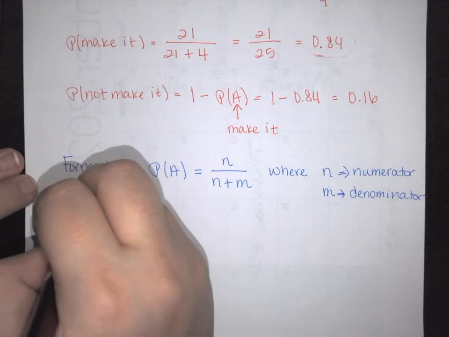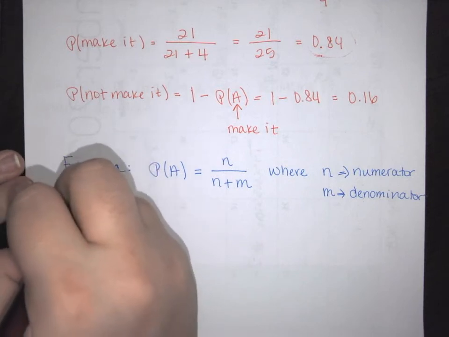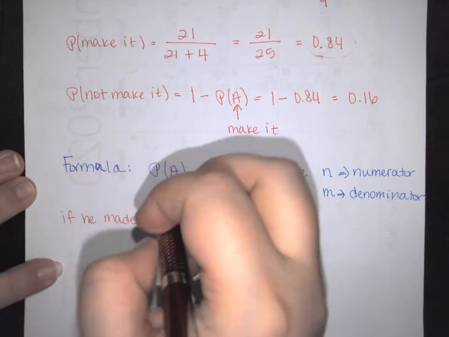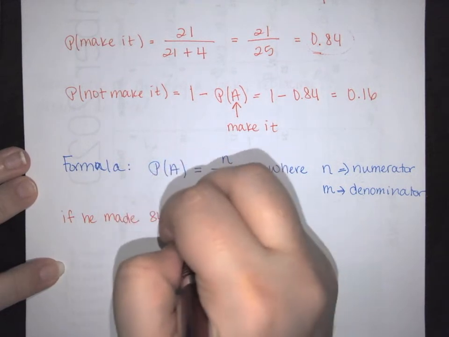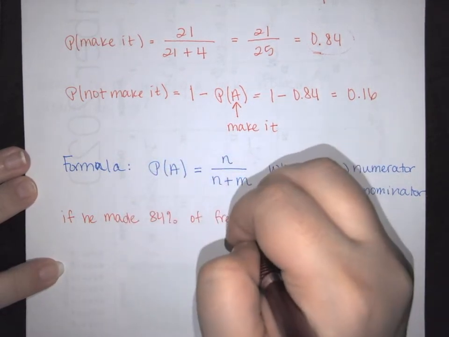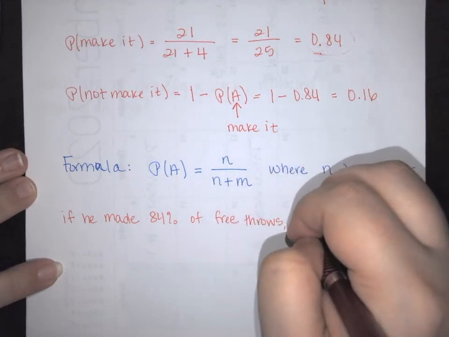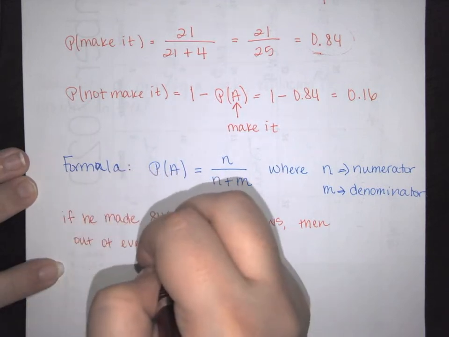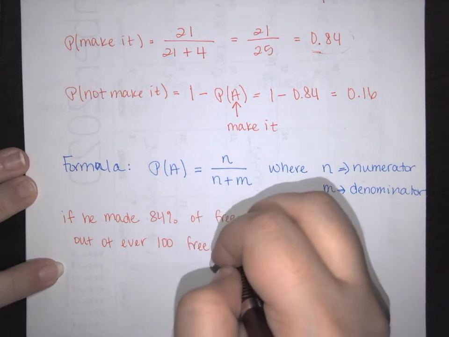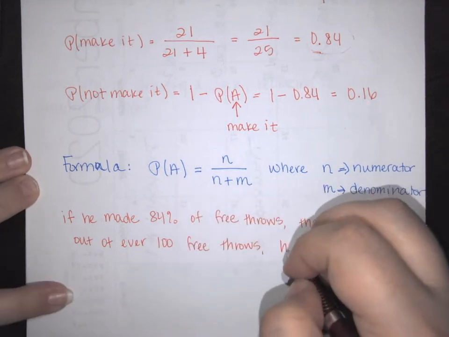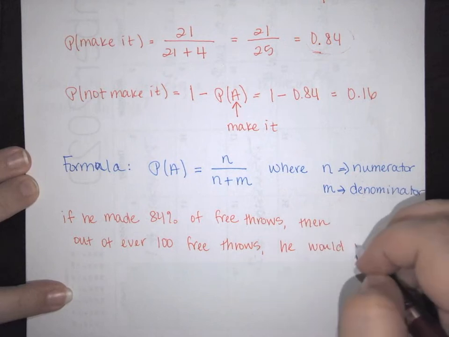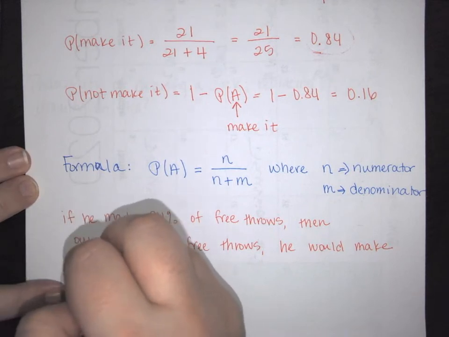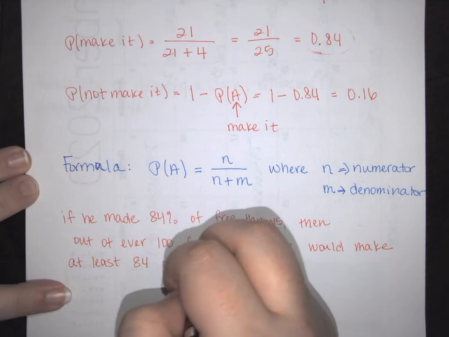We know that if he made 84% of the free throws, then out of every 100 free throws, he would make at least 84 of them.